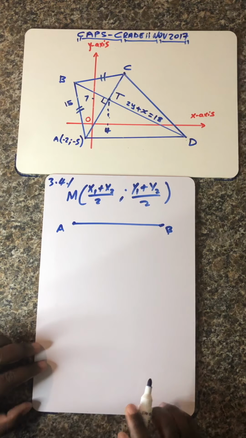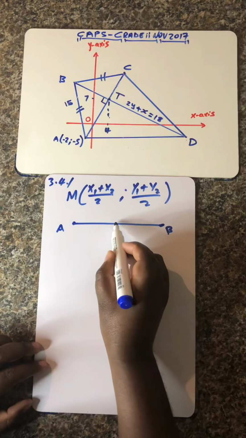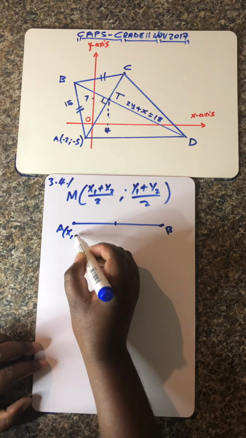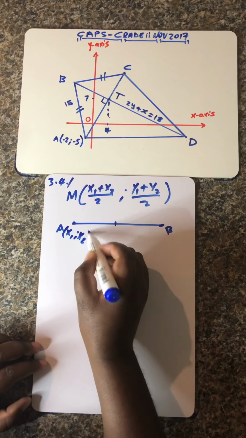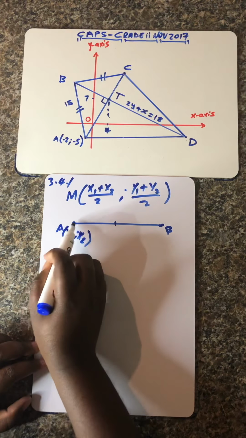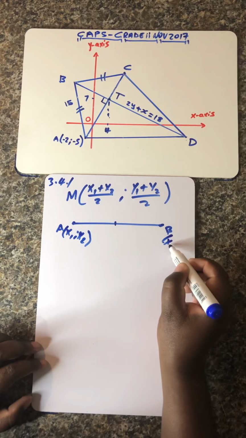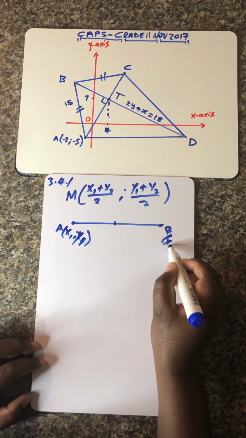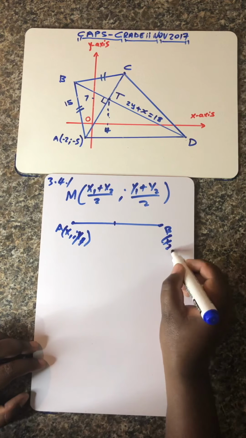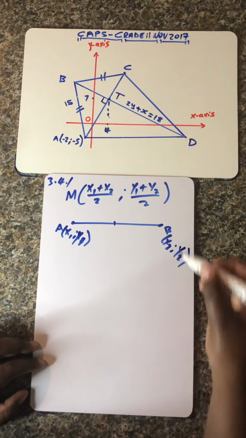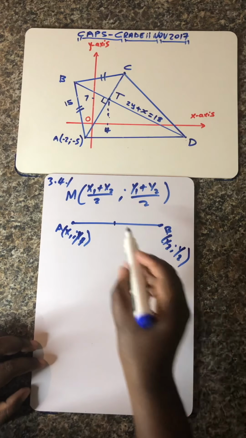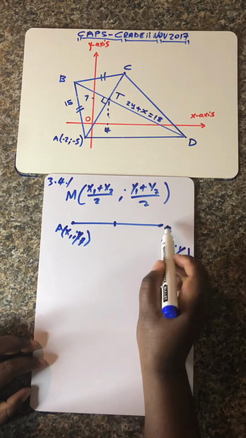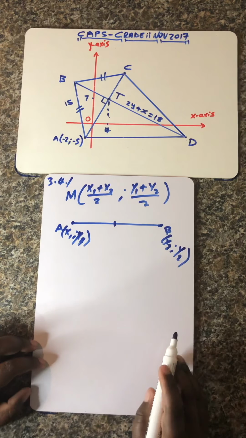So what it means is that for you to be able to calculate the midpoint of points A and B, you should have x1 and y1 of point A, and x2 and y2 of point B. So for you to be able to calculate the midpoint, you have to add these two values and divide them by 2.